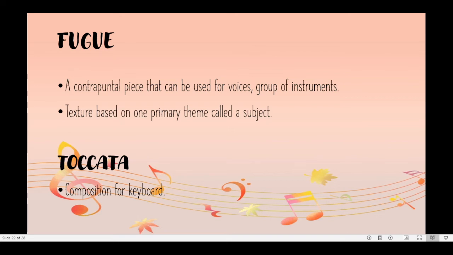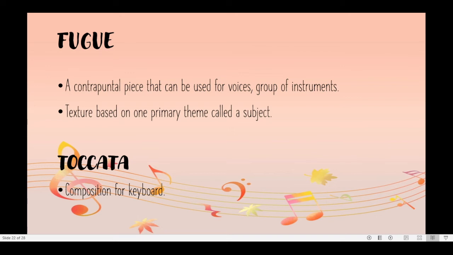It may be presented in the way like, for example, you are the one going to sing "Ave Maria." And then from the "Ave," the alto will be following "Ave," and then from the "Ave" of the alto, the tenor can follow, and then after that, the bass will follow.